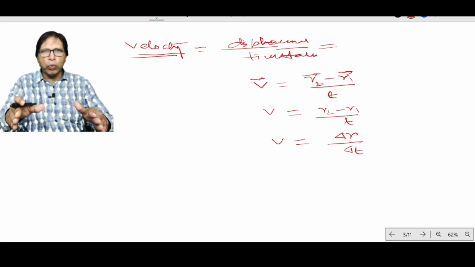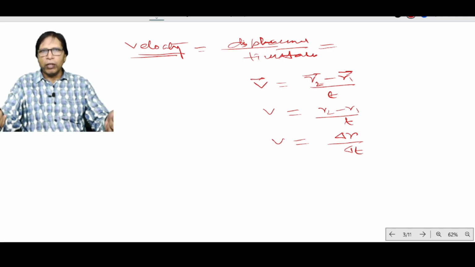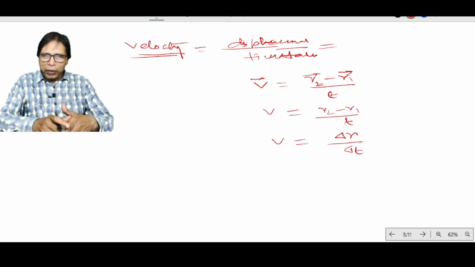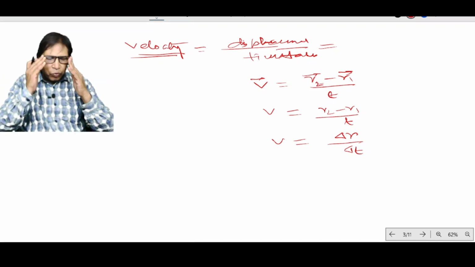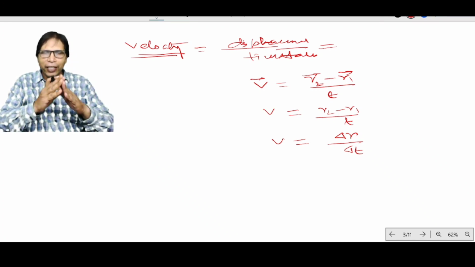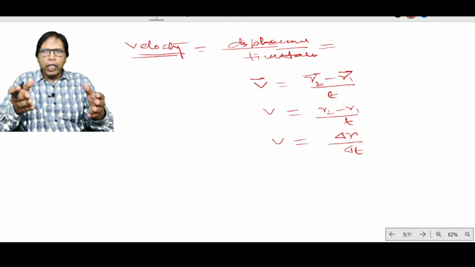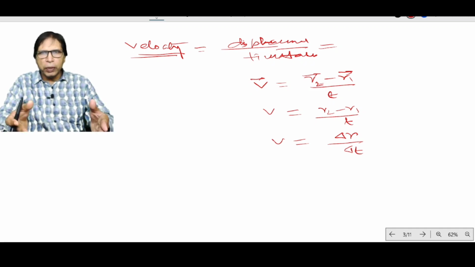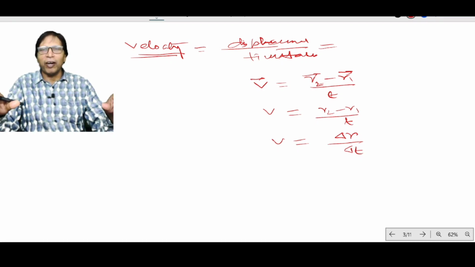As velocity uniform means its magnitude and direction are both uniform, so speed is also uniform, but the reverse is not true. If the motion is in a straight line path, then uniform speed means uniform velocity. If a body moves with uniform speed in a curved path, then velocity is not uniform.